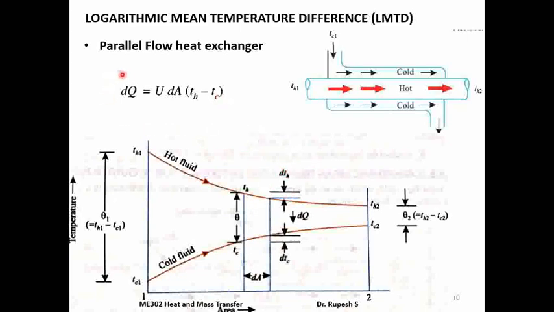Then the heat transfer rate through the elemental section is given by dQ = U dA ΔT, where dA is the heat transfer area associated with the elemental section, and ΔT is the temperature of the hot fluid minus the temperature of the cold fluid. If this expression is integrated over the entire length of the heat exchanger, that gives the total heat transfer rate associated with the heat exchanger.